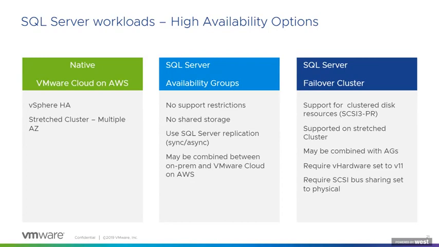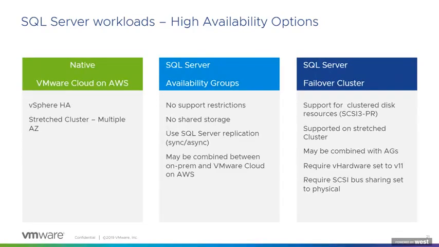This technology is supported on Stretch Cluster and may be combined with availability groups. It requires virtual hardware or compatibility mode of your VM to be set to version 11, and requires SCSI bus sharing to be set to physical for the SCSI controller that will be used to connect your shared disk.